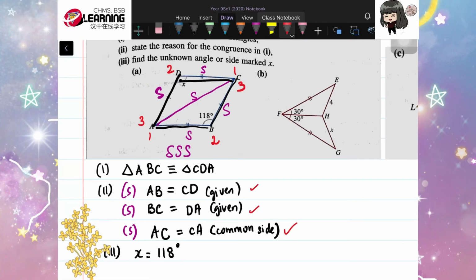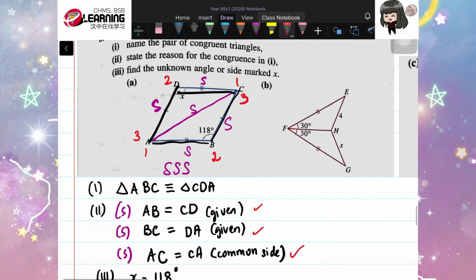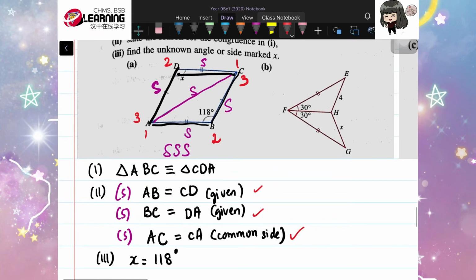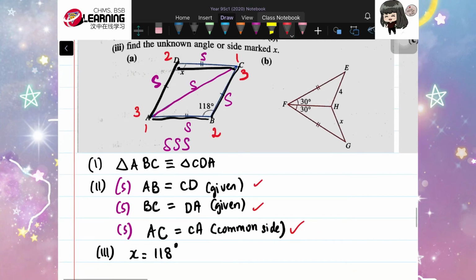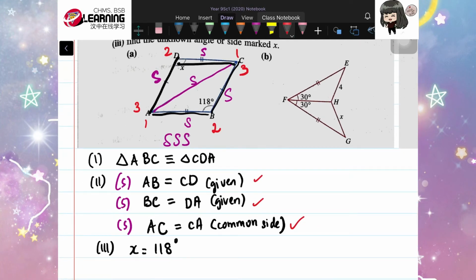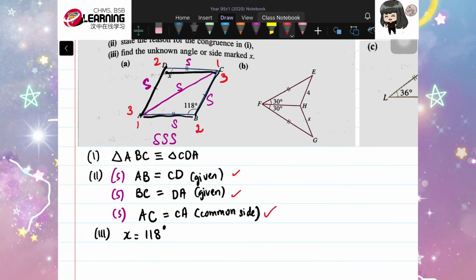Before we write X is equals to 118, we must not say that they are congruent unless they are proven. How are they proven? They are proven by listing all the reasons down, the sides.